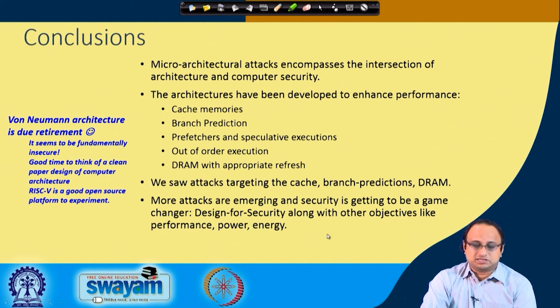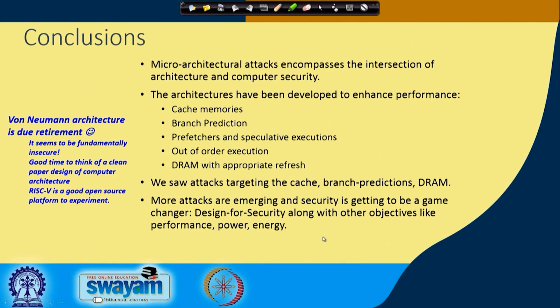So, to conclude our discussions overall, microarchitectural attacks encompass the intersection of architectures and computer security. We have seen several things, for example the effect of cache memories and branch predictions. We did not discuss in detail prefetchers and speculative execution, but these also have a significant impact on overall security.